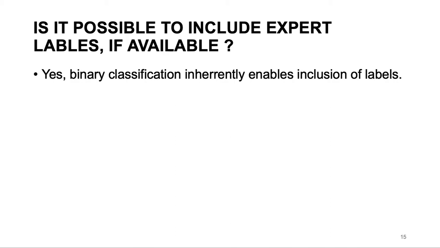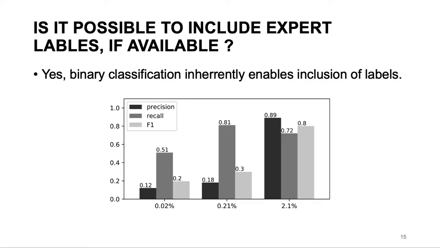And the answer is yes, because binary classification inherently enables inclusion of labels, which is not really the case with fully unsupervised learning. With including almost 2% of the data, we already reach state-of-the-art performance, as you can see here in the F1, recall and precision scores.